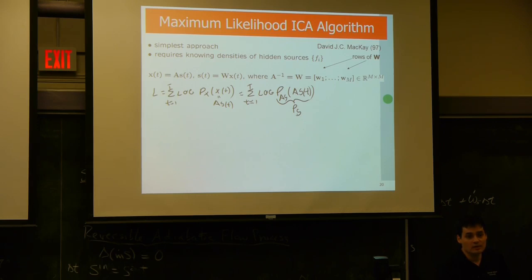And now I'm interested in what's the density of A times S. So my question is, what's the density of A times S at a point U? So you can prove that this is A inverse PS at A inverse U.